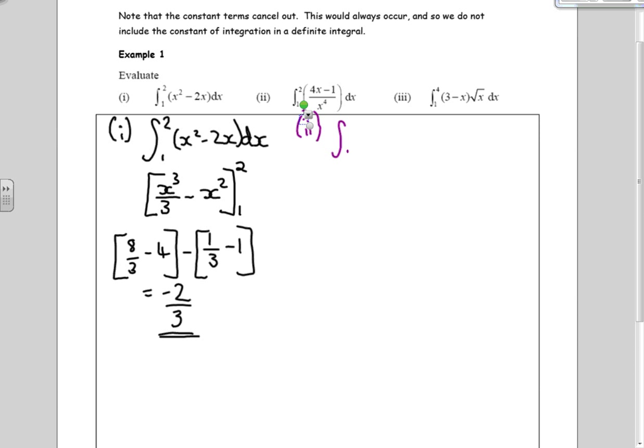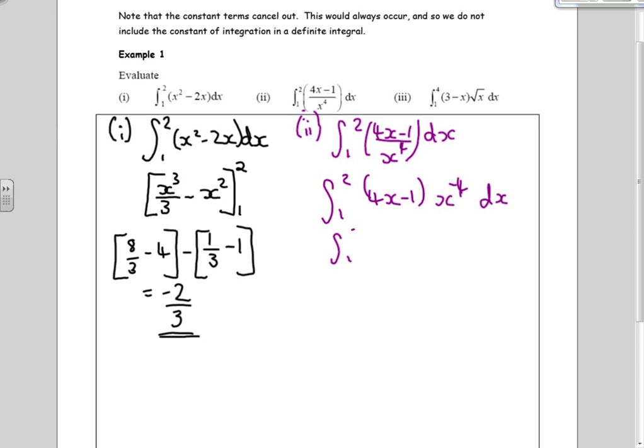we're asked to integrate between 1 and 2, this time 4x minus 1 over x to the power of 4 with respect to x. So that's the same as integrating between 1 and 2, 4x minus 1 times x to the power of minus 4 dx.